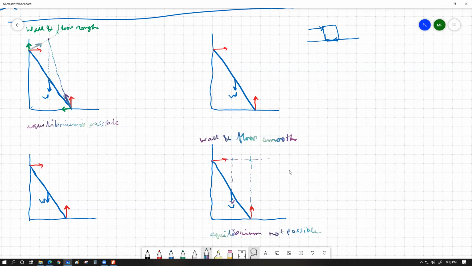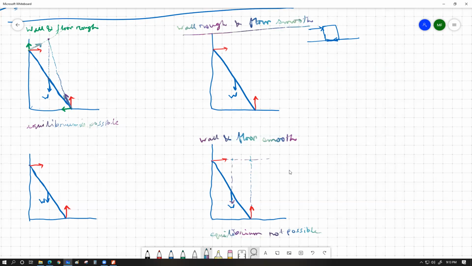Acha. So for this in between two figures, we're going to consider one of the surfaces to be rough. For example, let's consider over here, wall rough and floor smooth. So what happens for this case?